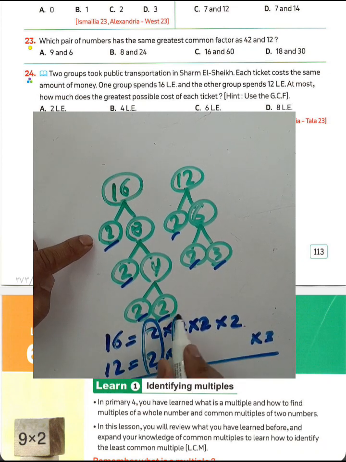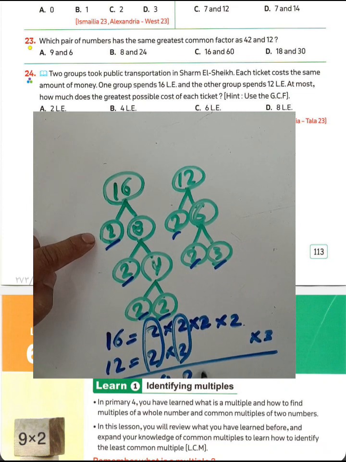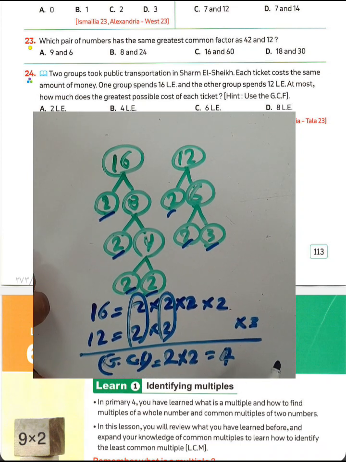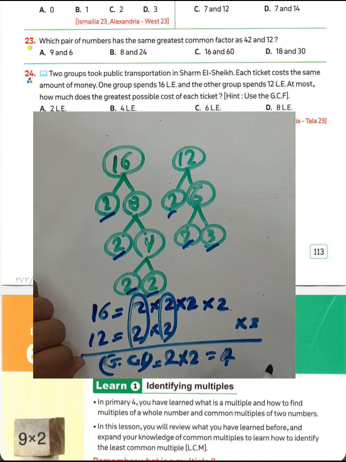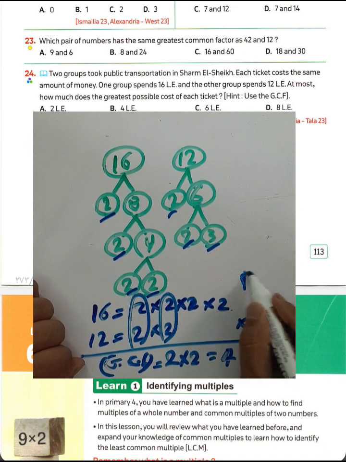Draw circles here to show the greatest common factor between them. It will be 2 times 2, which equals 4. The greatest common factor between the two numbers will be 4. Choose letter B.